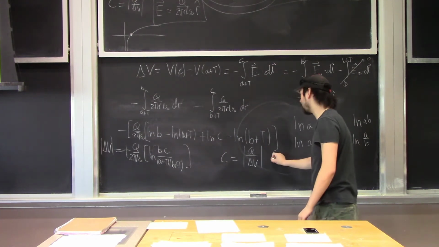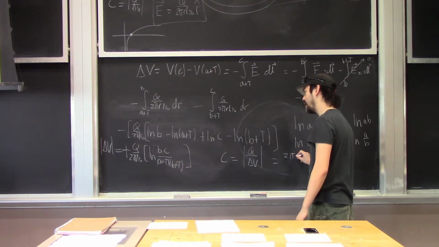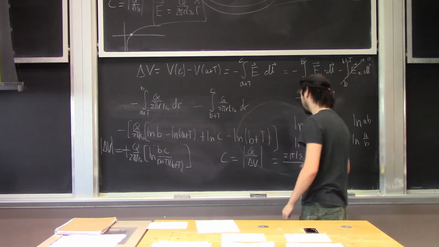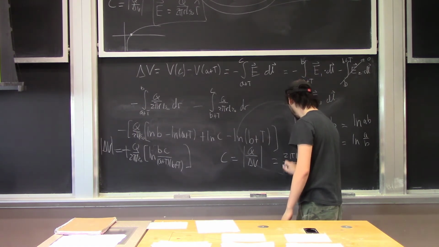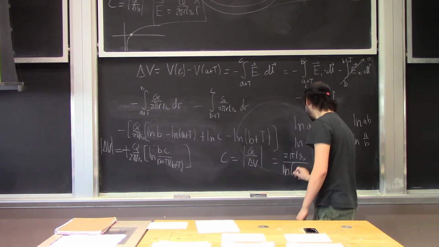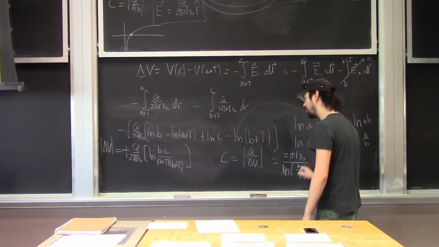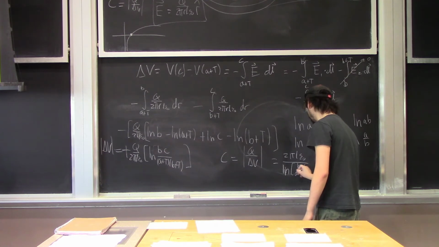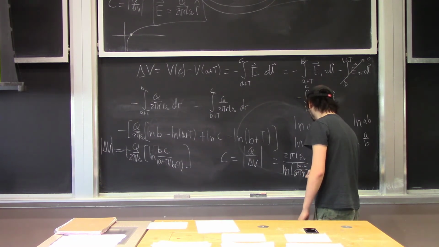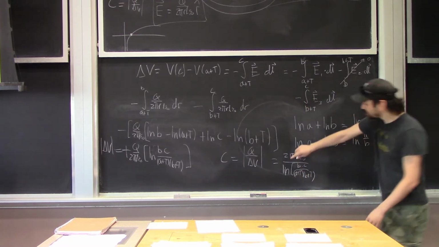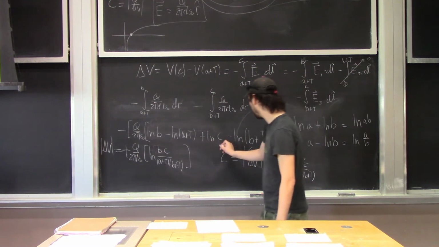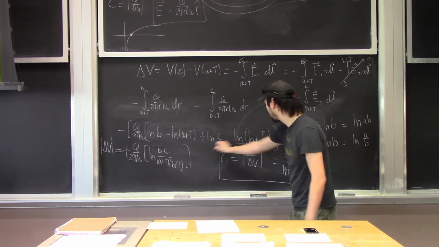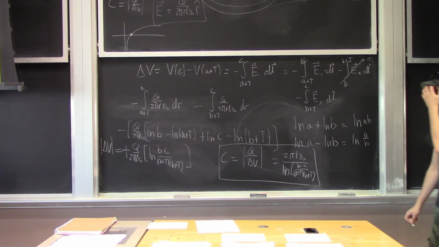So this is going to be 2 pi L epsilon naught divided by the natural log of B times C divided by A plus T times B plus T. Okay, so this is the total capacitance of the system. So that's the first way that we wanted to do this. We found the difference in electric potential across the entire thing.